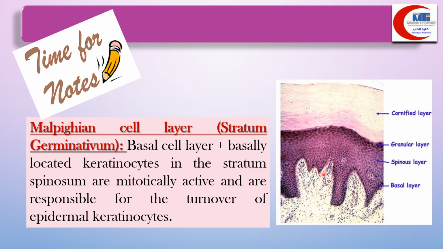Again, these parts, the basal cell layer and the basal part of stratum spinosum, the nuclei of these cells show mitotic activity and are responsible for the turnover of epidermal keratinocytes. And both parts are called Malpighian cell layer or stratum germinativum.